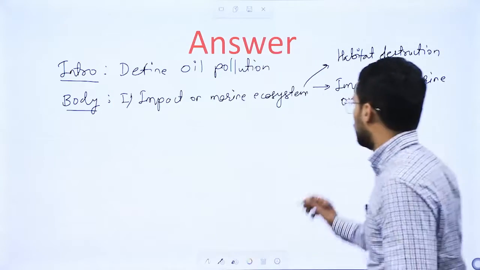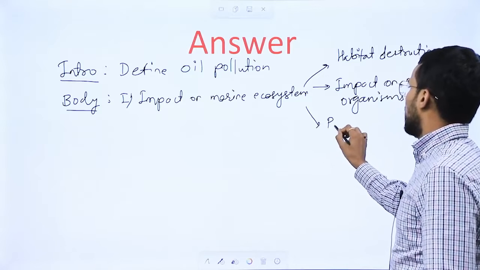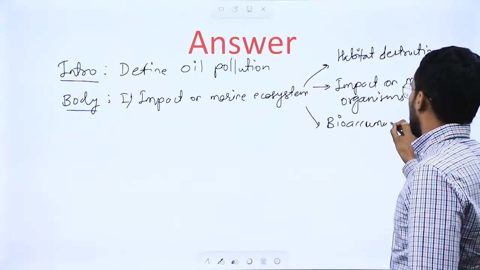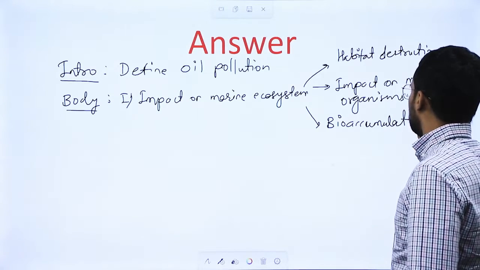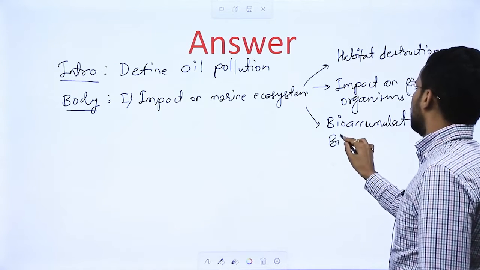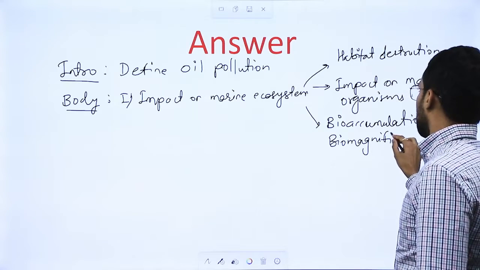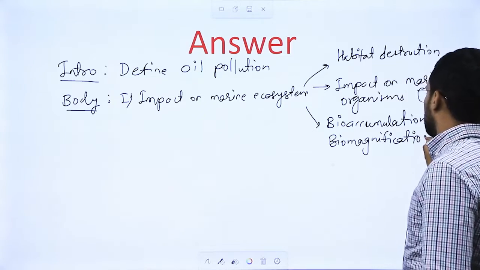This leads to the next impact, and that is called bioaccumulation, which may further be intensified by biomagnification. Right. So that is also an impact.